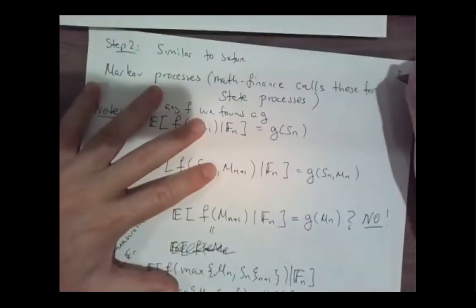What we're looking at here is more general. The thing that we're looking at here is the Markov property, right? So this is the definition.